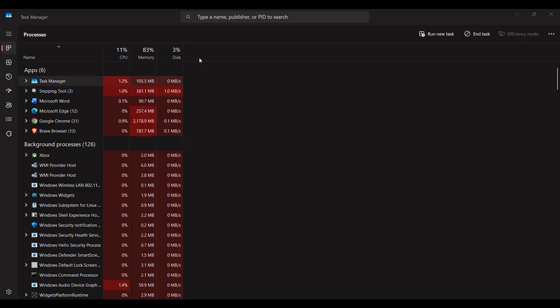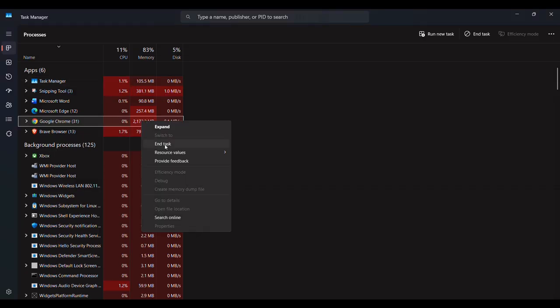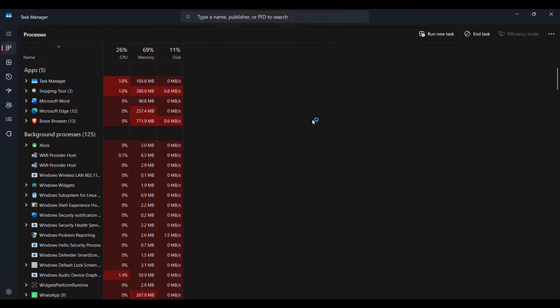Administrators often use this view to identify resource heavy applications or suspicious processes. For example, if a specific application consumes excessive resources, administrators can terminate the process to stabilize the system temporarily. As we end the process, resource utilization decreases immediately.